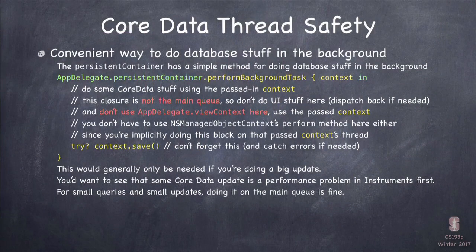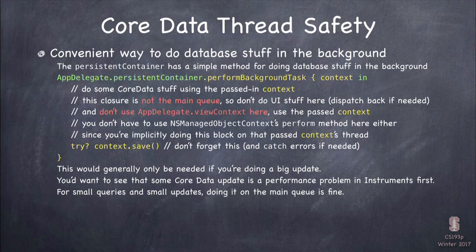Well, you're going to use this really cool method in persistent container. This is new in iOS 10, a super cool method that makes it really easy to do background processing with core data. It's called perform background task. Remember, this is a function on the persistent container, that thing you get from the app delegate. And this takes a closure. This closure has one argument.